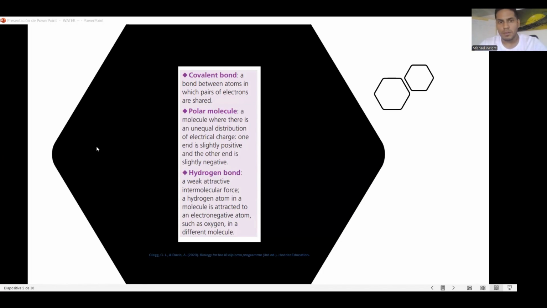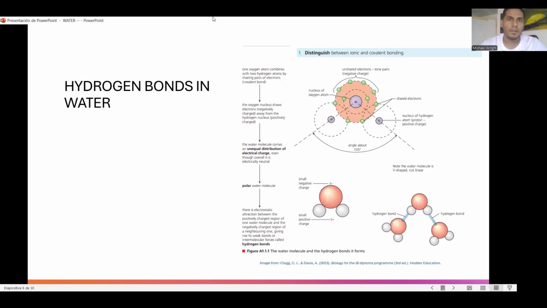So I'm going to show you how it happens. As far as you know, the water is represented by H2O. When I say H2, I mean that we have two hydrogen atoms, and they are going to be partially positively charged, and that's represented with this delta positive.